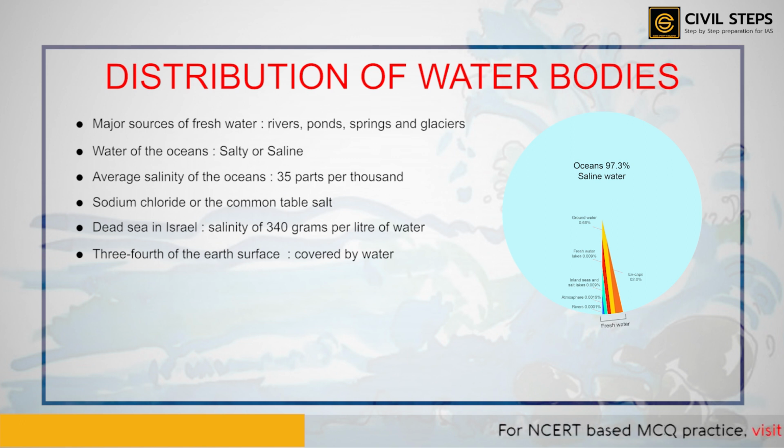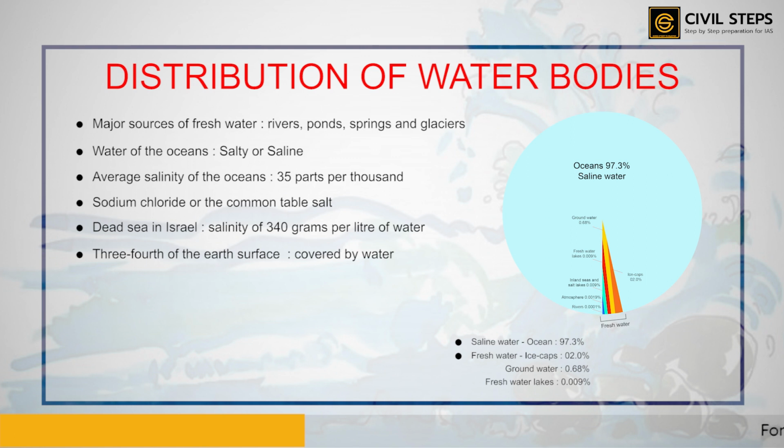If we talk about oceans, they comprise 97.3%, which is saline water. However, fresh water in ice caps is 0.2%, groundwater is 0.68%, freshwater lakes are 0.009%.